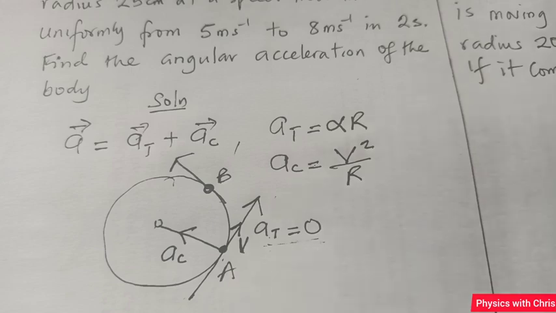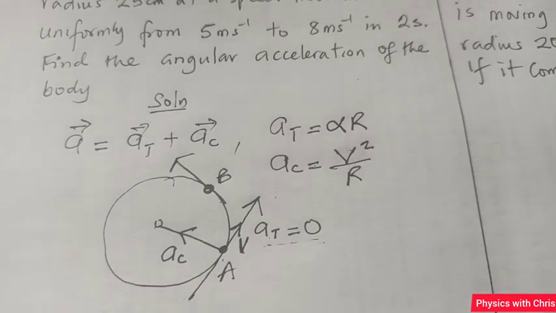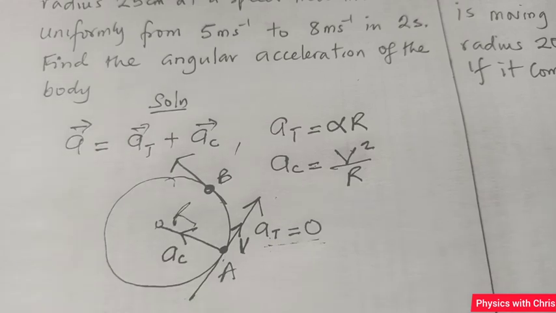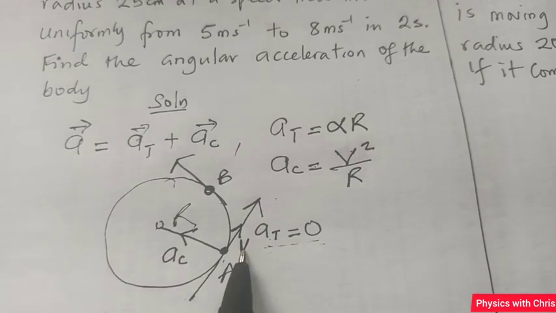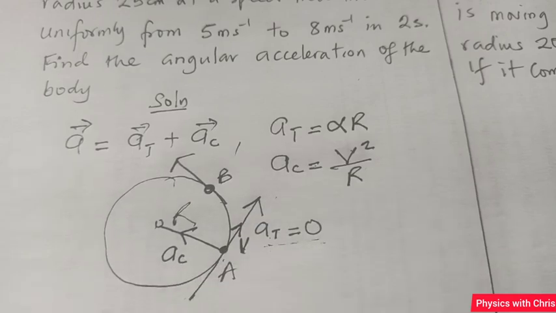But the centripetal acceleration is not zero because it is given by the constant speed squared divided by the radius r, and it's only responsible for changing direction. It cannot increase the magnitude of the speed because it's not in the same direction as the speed.